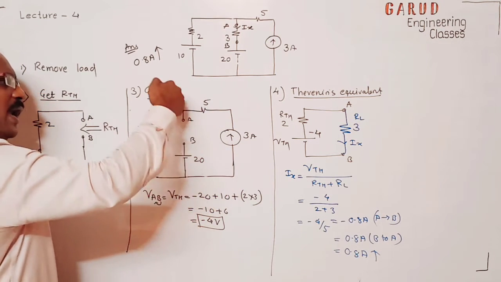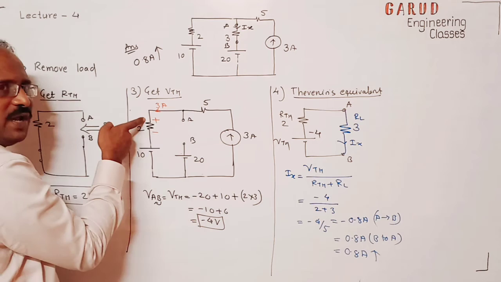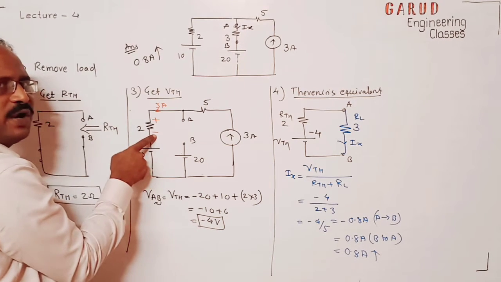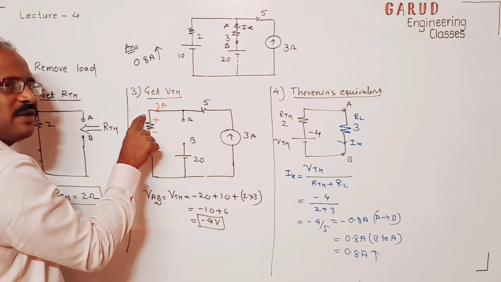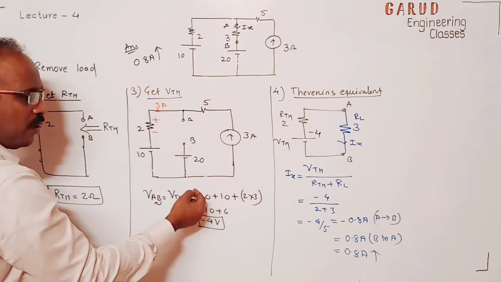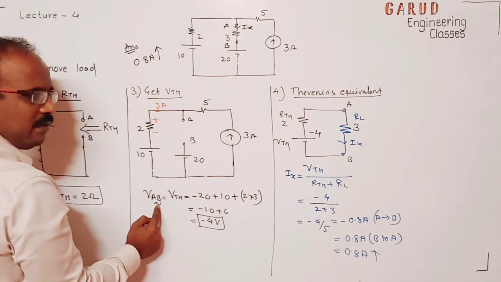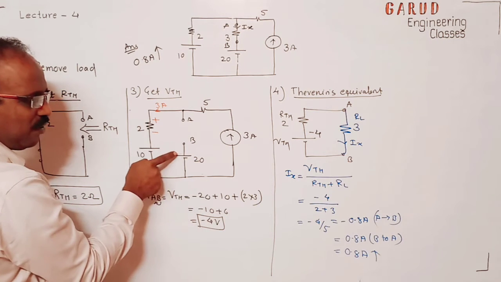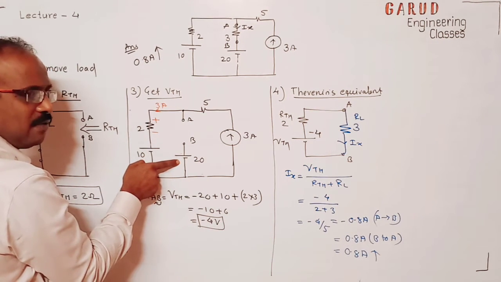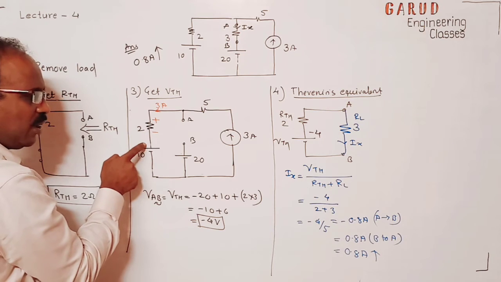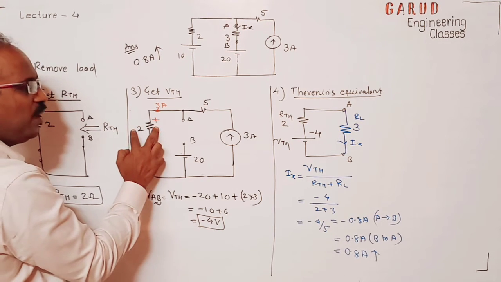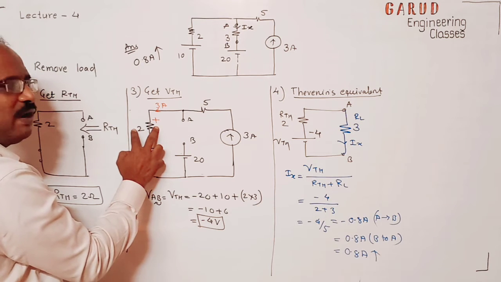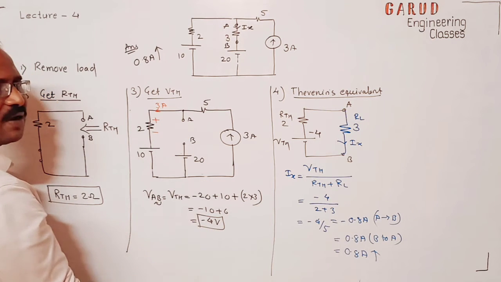So where current enters, that point is positive, and leaves, that point is negative. So this is voltage drop. Voltage drop of resistor depends on flow of current. So if I travel from, I am on VAB, travel from B to A, positive, negative, minus 20, negative, positive, plus 10, negative, positive, plus 2 into 3. V is equal to I into R. Reached. So that is 20.